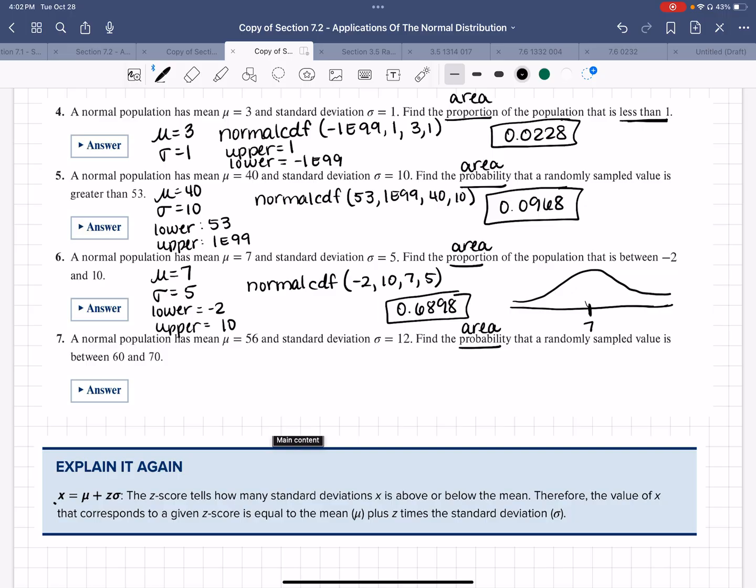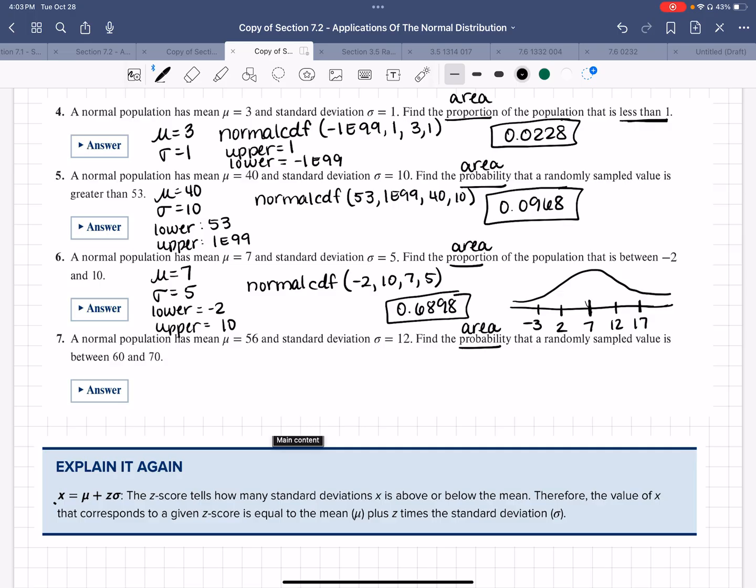So 1 standard deviation away would put me at 5 above 7, so that's 12, and 5 below 7 is 2. That's 1 standard deviation away on both sides. Two standard deviations away puts me at 17, and 7 minus 10 is -3.